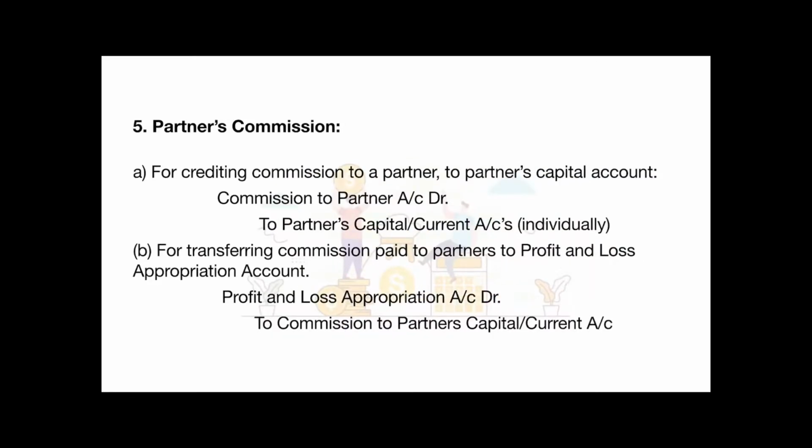Partner's commission. A. For crediting commission to a partner to partner's capital account, journal entry, commission to partner's account debit to partner's capital or current accounts individually. B. For transferring commission paid to partners to profit and loss appropriation account, journal entry, profit and loss appropriation account debit to commission to partners' current or capital account.